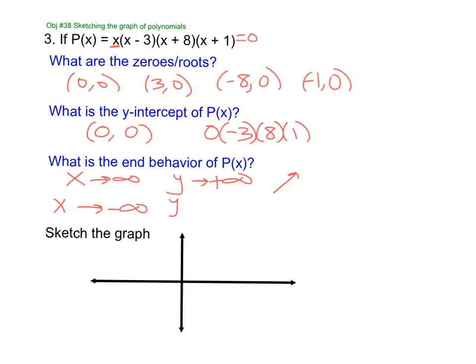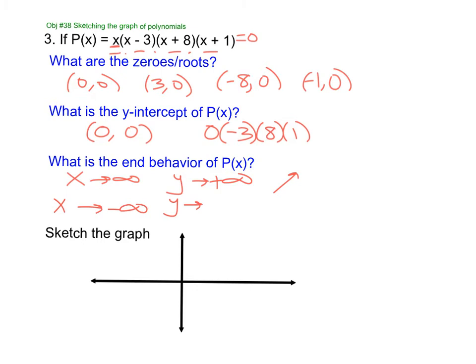So as x is going negative, what's happening to the y? In this case, we have a negative times a negative times a negative times a negative. Imagine again, negative 1 billion times negative 1 billion times negative 1 billion times negative 1 billion.